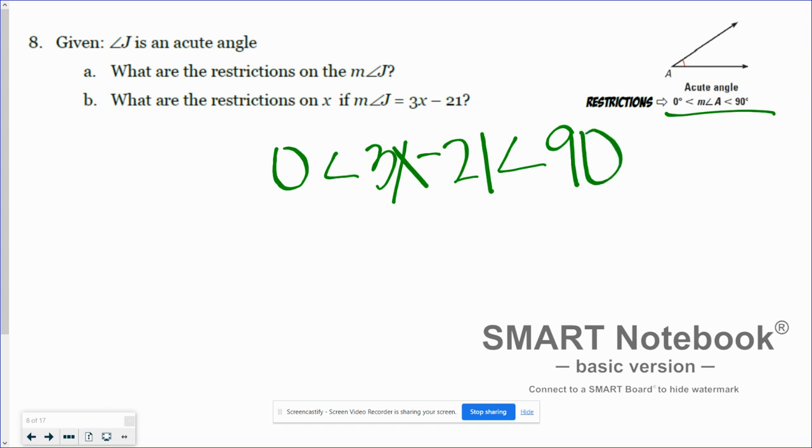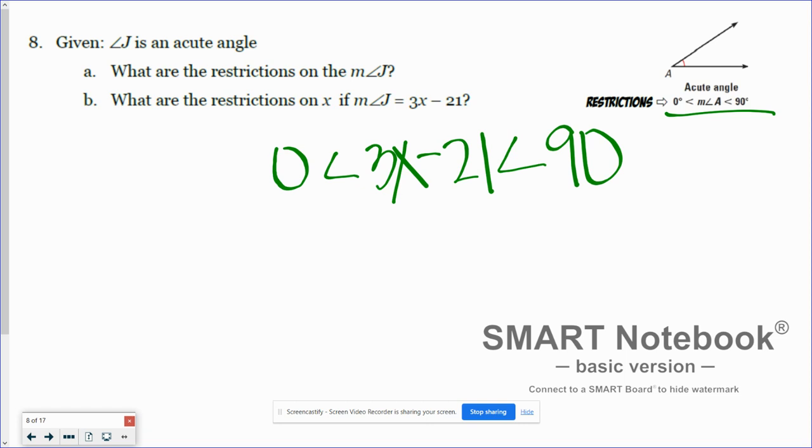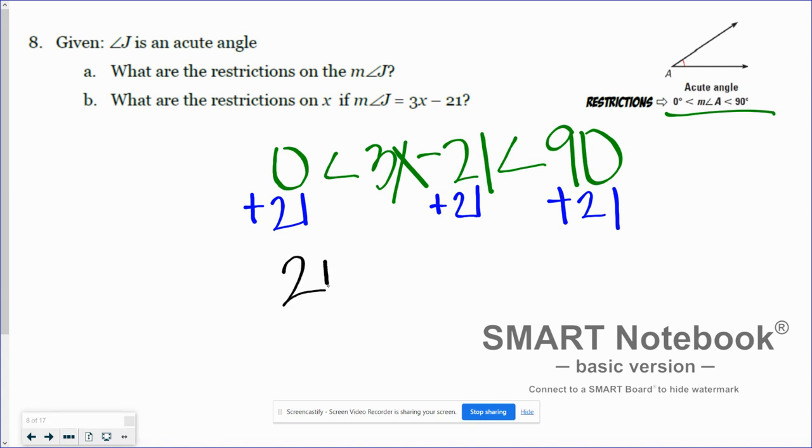And now I'm solving this. You may recall solving something like this when you were in Algebra 1. The first thing we have to do is add 21 to both sides. So if I add 21 here, I'm getting rid of it. Gotta be fair. Do that on the left, do that on the right. So that's going to give us 21 is less than 3x is less than 111.